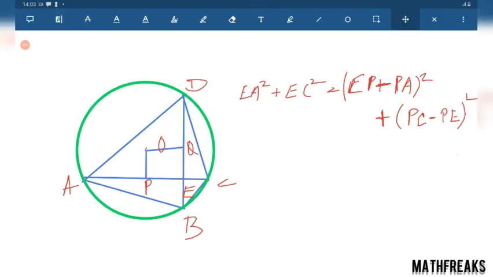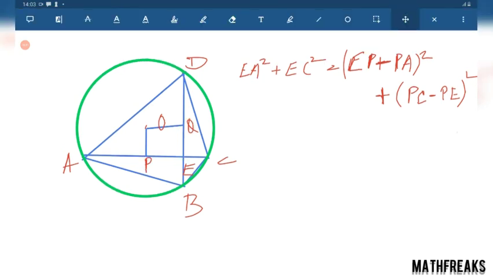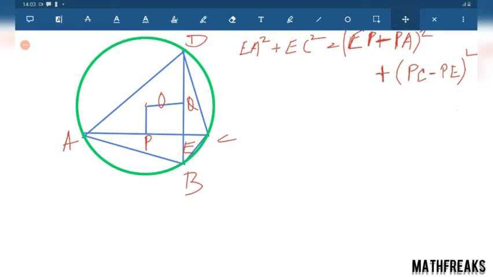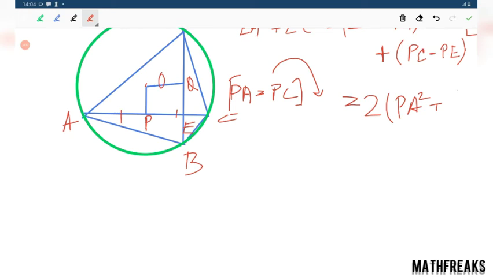I just said let us draw perpendiculars OP and OQ, I just forgot to write this P and Q. Simplify this using the fact that PA equals PC. Use this fact and simplify this. You will get, after simplification, 2 times PA square plus EP square.